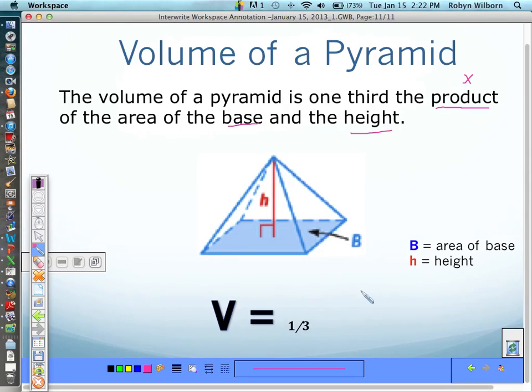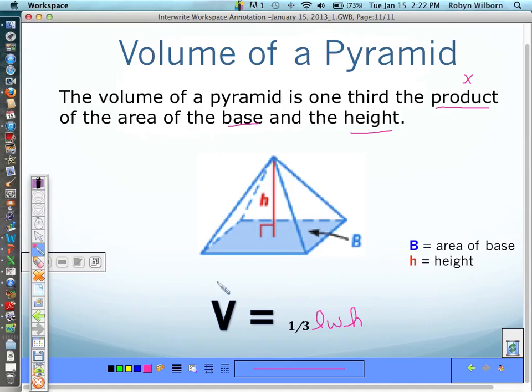Let me fill this in here. So we have the volume equals 1/3 the base, which here is going to be length times width, because our base is a square or a rectangle. So the base is length times width, and the height.